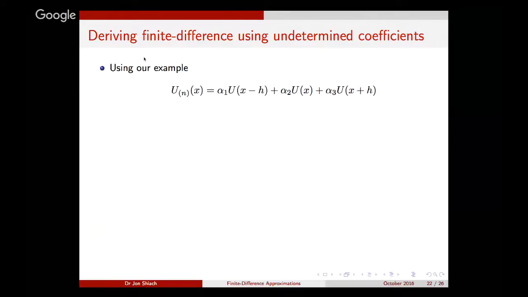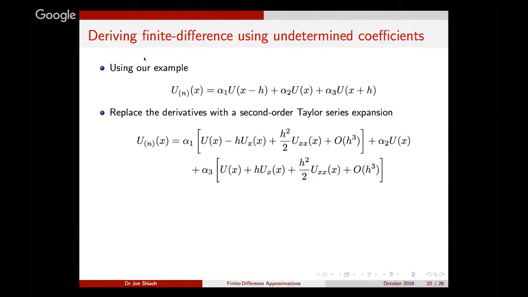Okay, so let's have a look at this example. So here's my basic stencil. I want to derive a finite difference that uses these values. I've chosen to do a second order Taylor series.